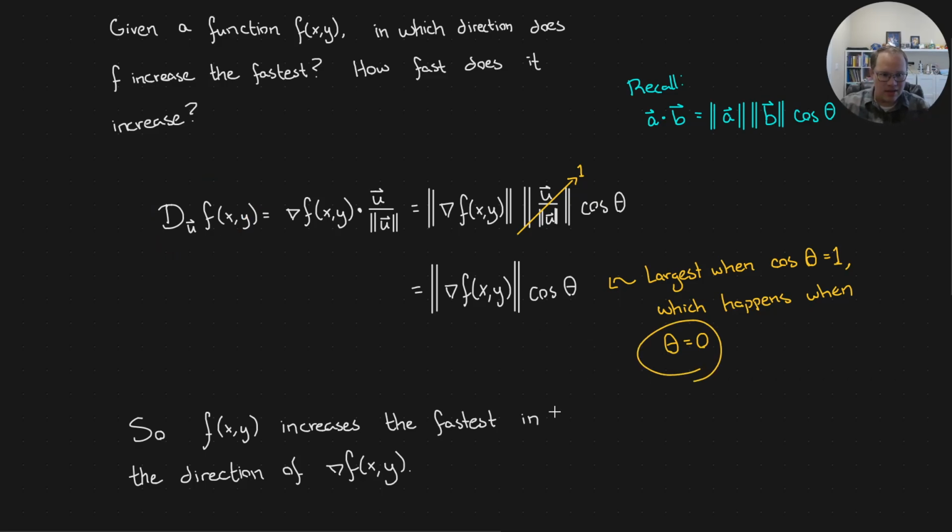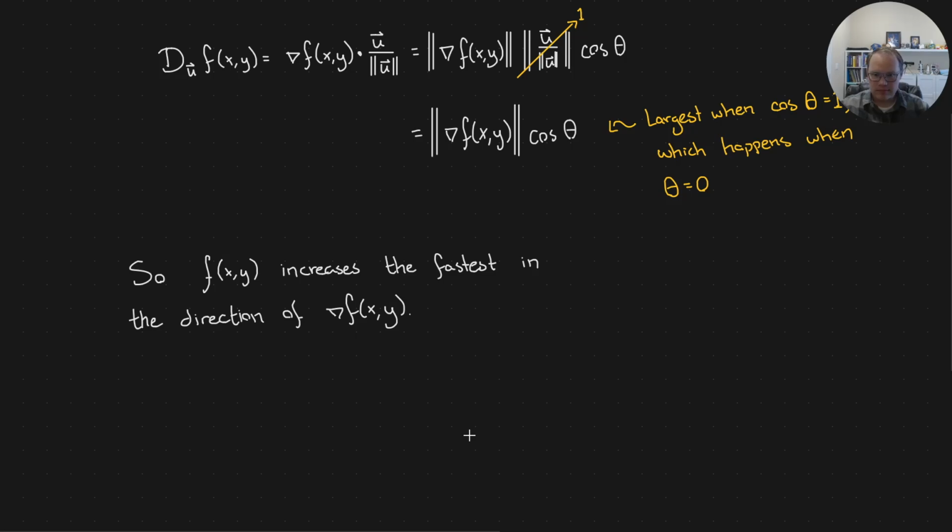And we decided that it changes fastest when theta equals 0, when cosine of theta equals 1. So that directional derivative, when cosine of theta equals 1, is just going to be equal to the norm of the gradient of f. So the length of the gradient, the norm or magnitude of that gradient, is the rate of change of f when it is pointing that direction. It is the fastest amount f changes at a point.